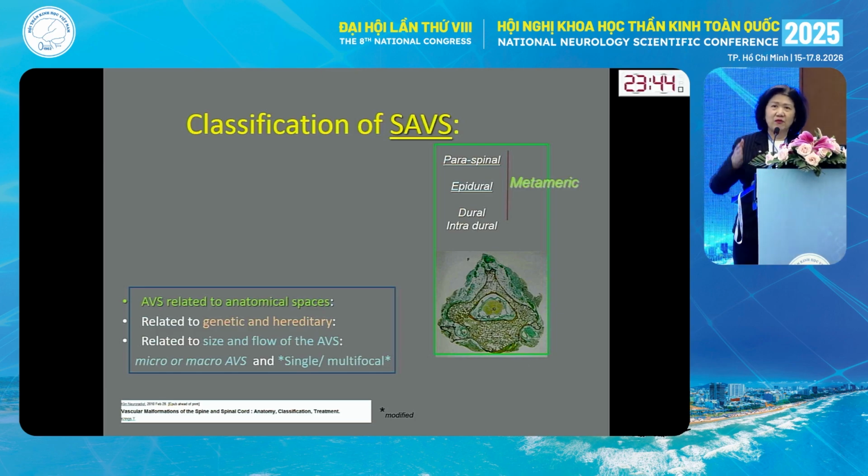And if you have a metameric lesion involving all the spaces, you call it metameric. Some of the arteriovenous shunts are related to genetic and hereditary causes. We can name them following the size and flow of the shunt, for example, micro or macro shunt, single or multiple.